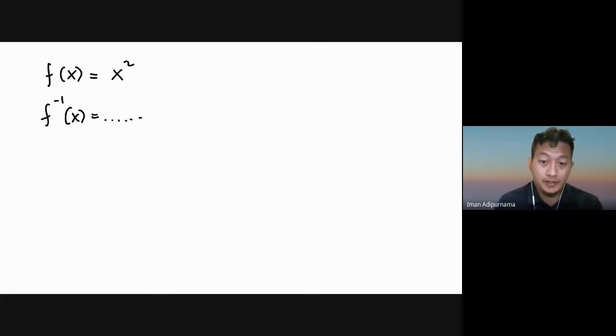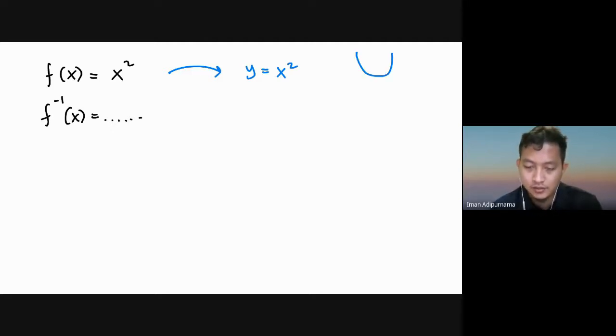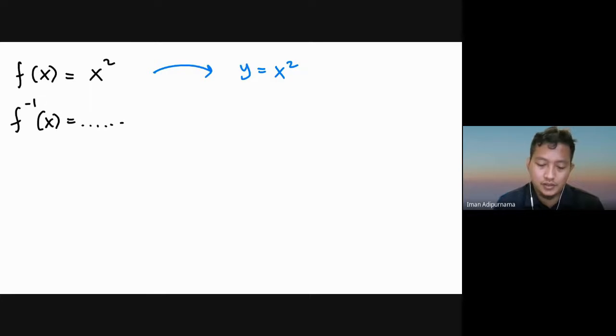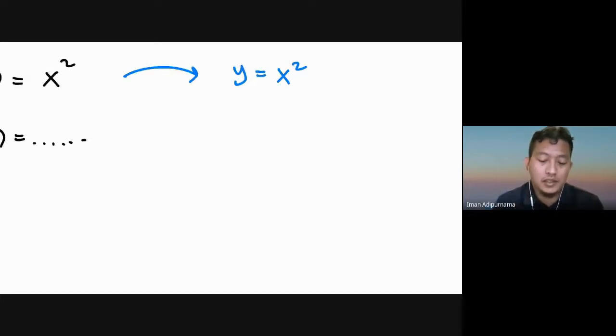My personal method, because I think you have another method: you see here, y is x squared. And we know it's a one-to-one function because you already imagine this graph, right? But there are exceptions here. You will see later.